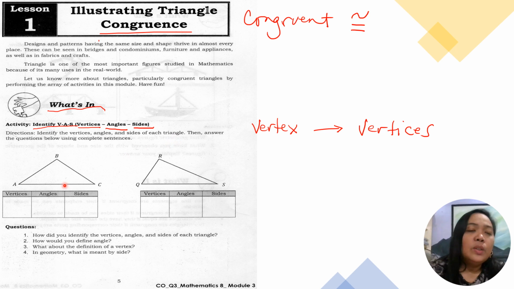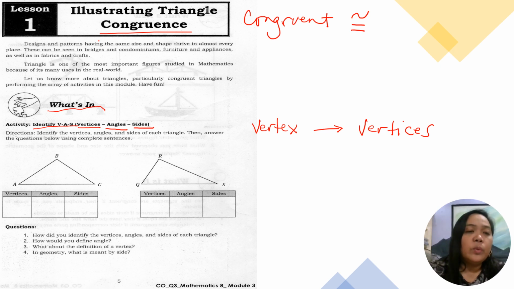From this abbreviation VAS, it refers to the vertices, the angles, and the sides of a triangle. Suppose you have here triangle ABC. In triangle ABC, the primary parts are the vertices, the angles, as well as the sides. Let's go to vertices. The vertices are the endpoints joined together in order to form a triangle. So what are the vertices of our triangle ABC?